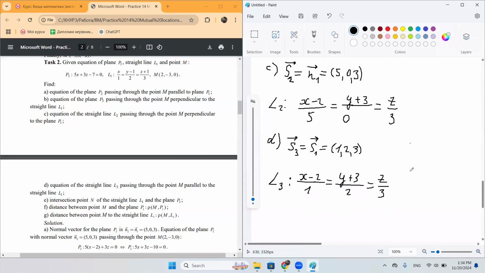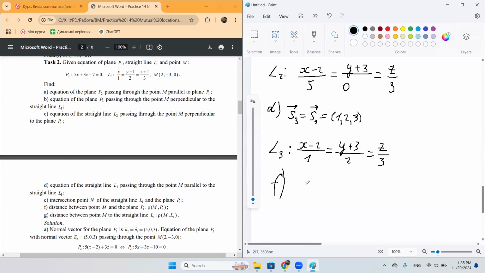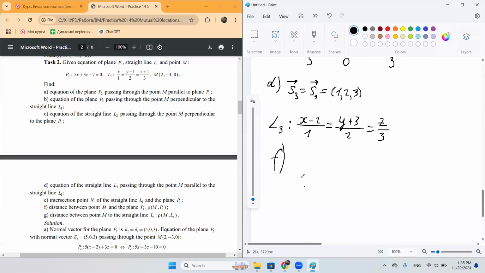And now we need to find the distance between point M and the plane P1. Okay, I will remind you the formula for this distance. So, the formula is the next.